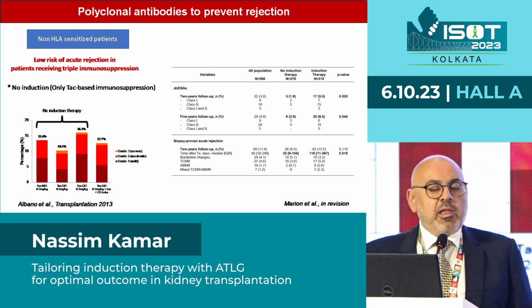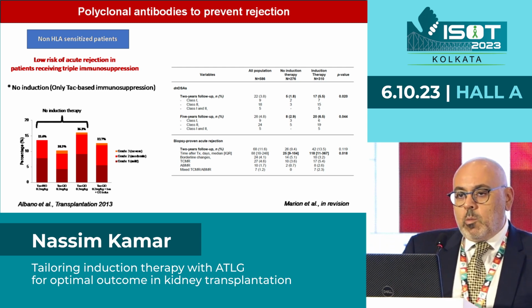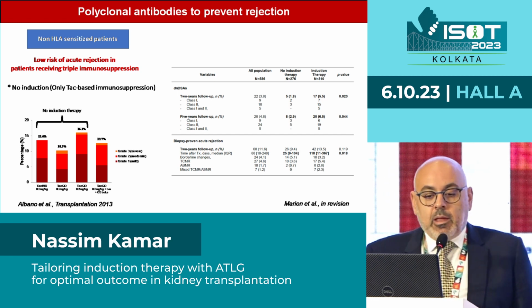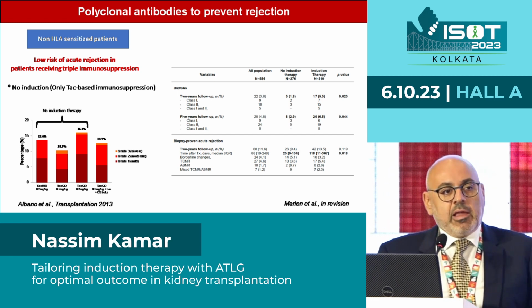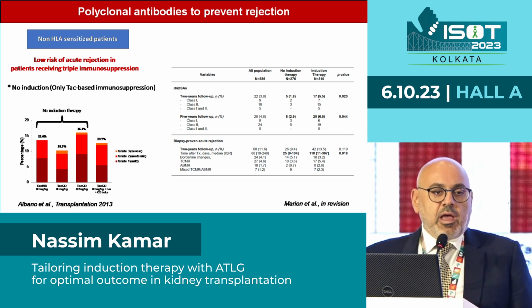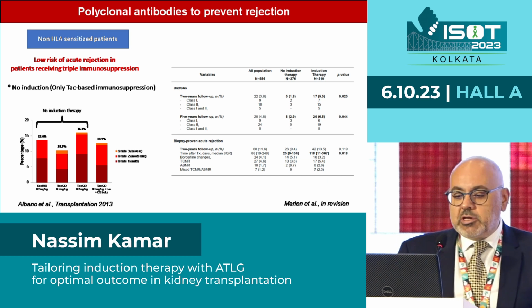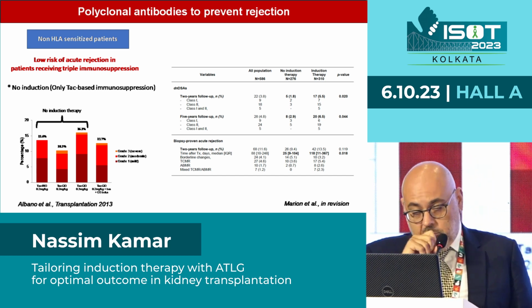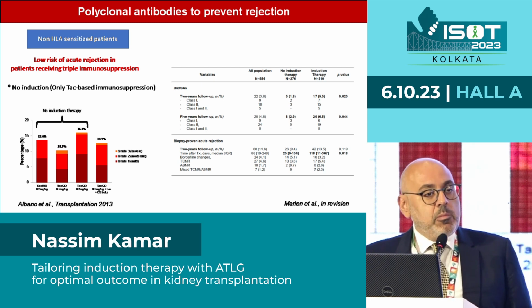The first one is not giving any induction therapy. We can transplant the patient without induction therapy only if the patient is receiving a tacrolimus-based immunosuppression. This is based on the results of the Osaka trial that included a large number of patients, more than 1,200 patients, and it has been observed that we can give tacrolimus-based immunosuppression without induction therapy.